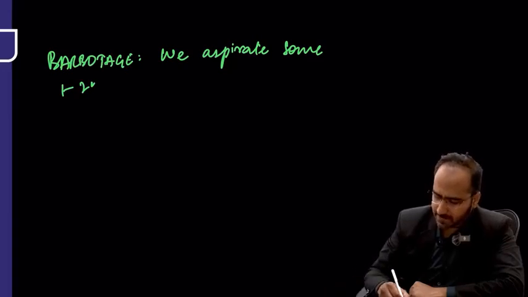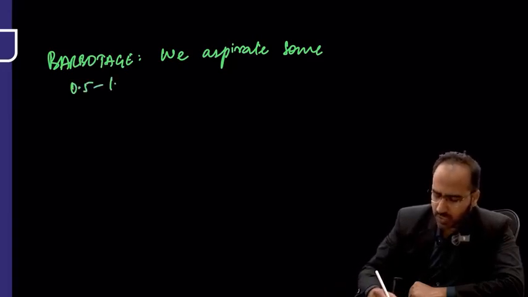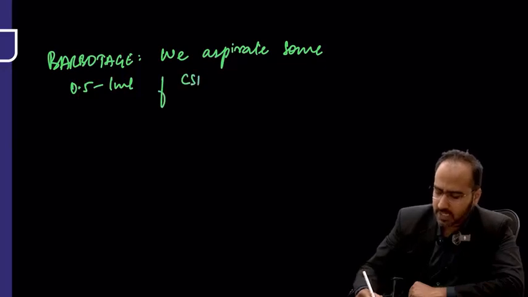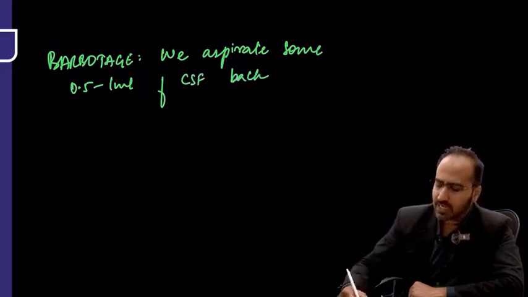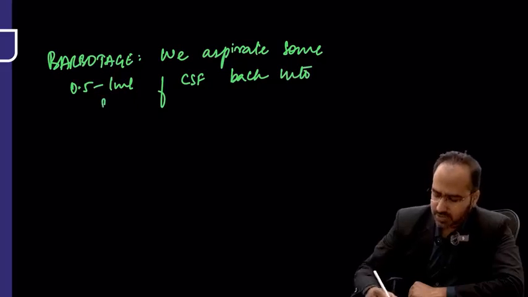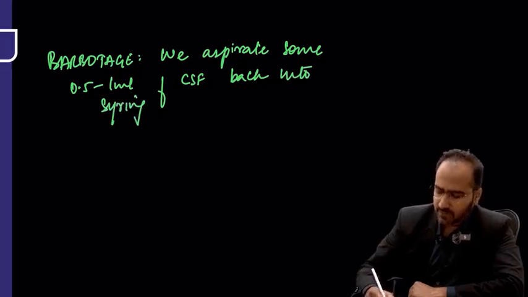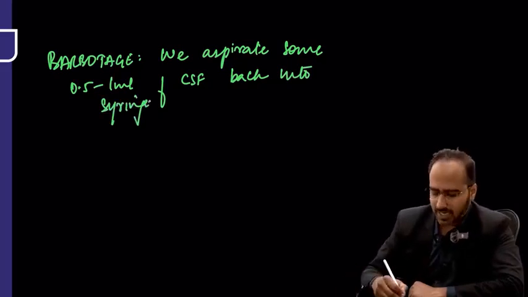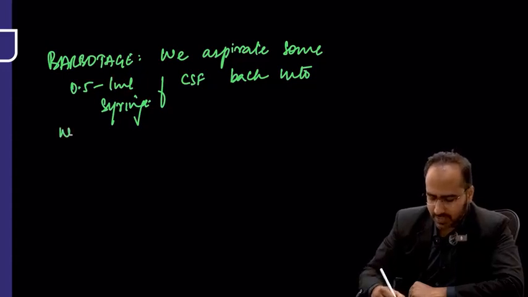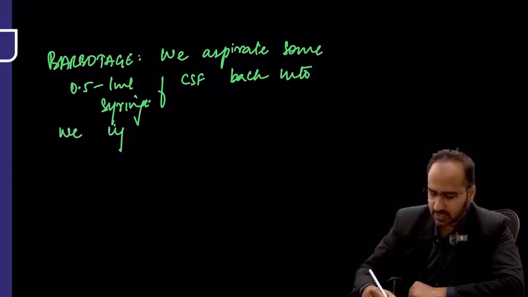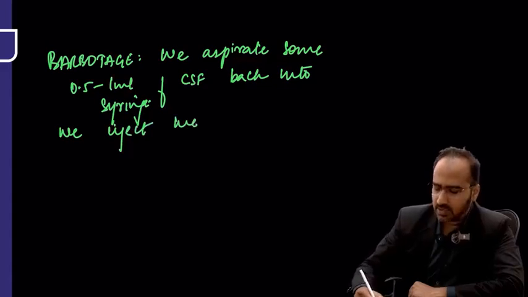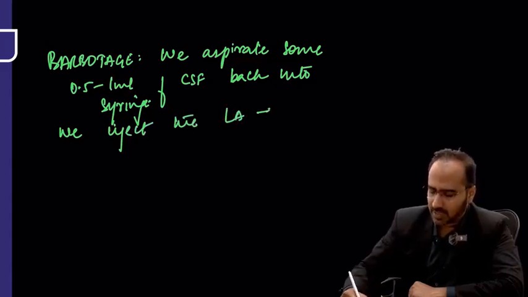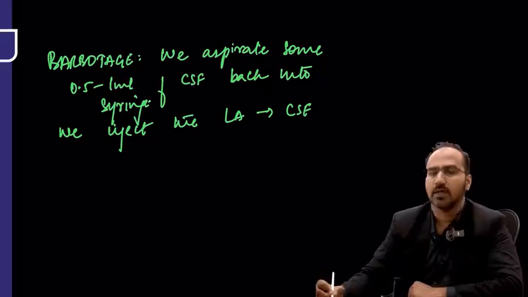We aspirate some 0.5 to 1 ml of CSF back into the syringe, which is called as what? Which is called barbotage. And then we inject the local anesthetic into the CSF.